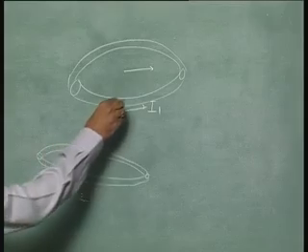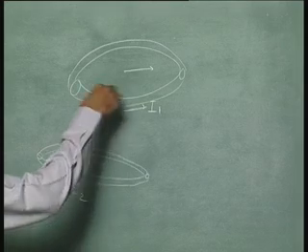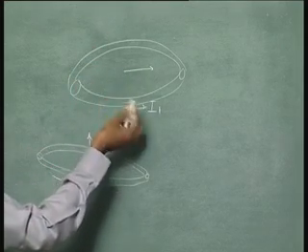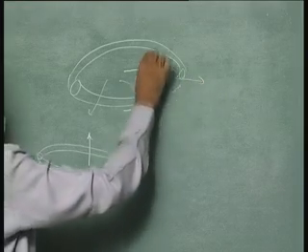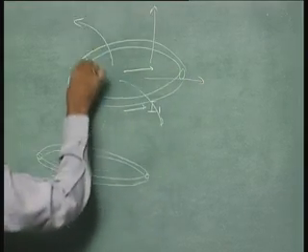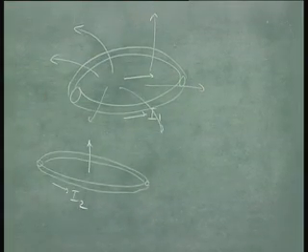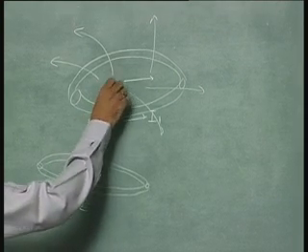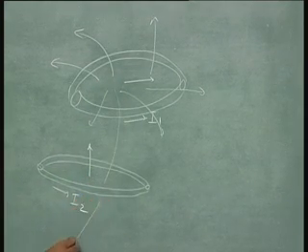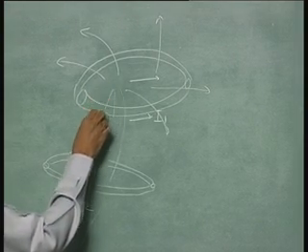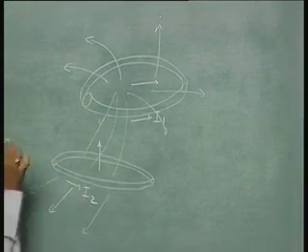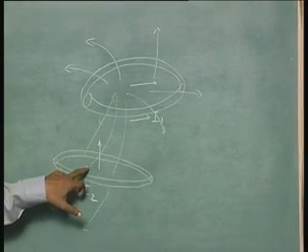Now, this current loop will create its own magnetic field. Some of this magnetic field is actually going to come and go right through this loop as well.